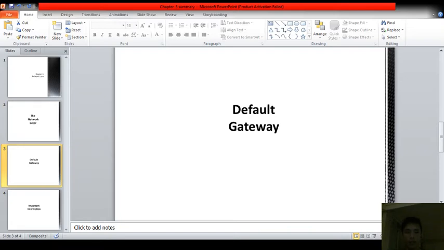For example, when a host needs to forward a packet to a destination address that is not on the same network as the host, the packet is sent to the default gateway for further processing.